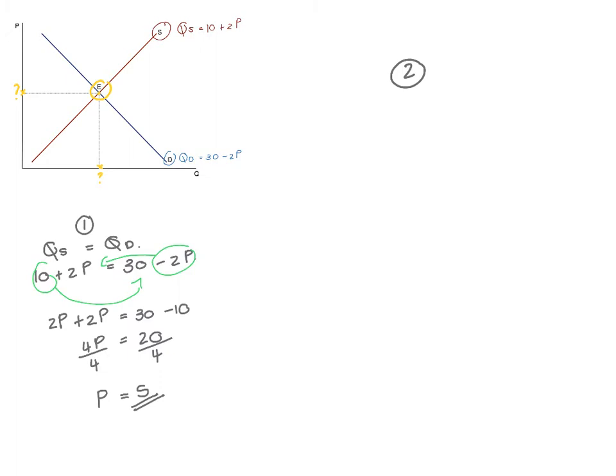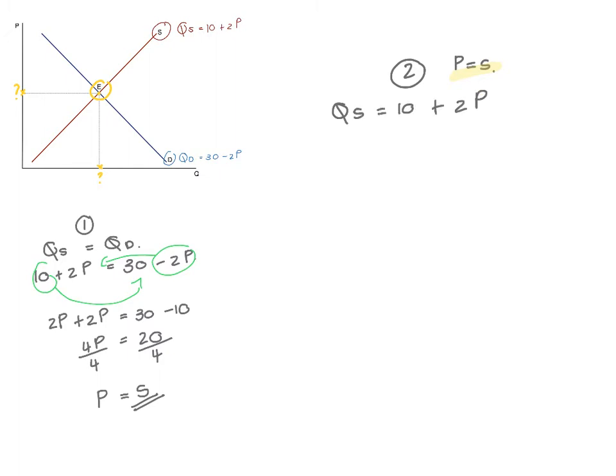Step 2. We are going to use our calculated value for p and substitute this in either our demand or supply function. P is equal to 5. We will now substitute this value into our supply function. Quantity supplied is equal to 10 plus 2p.